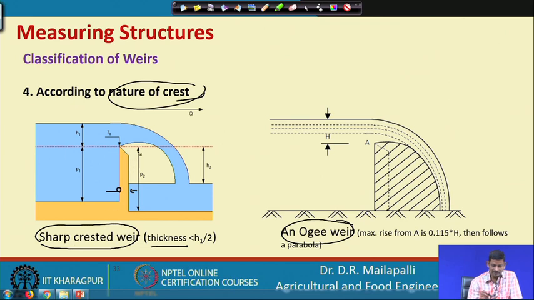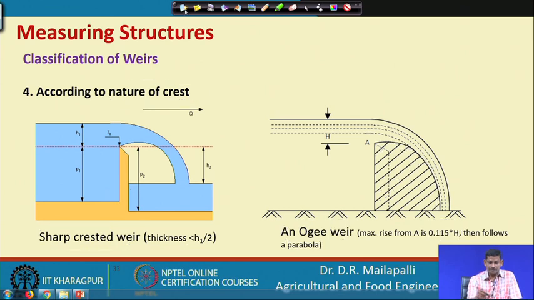Whereas in the ogee wear, it is similar to the sharp crested wear, but at the tip it goes maximum at one point, that is 0.115 H, and after that it follows a parabola. Okay. Generally this is used in spillways. So, this is one kind of classification, then the other classification.